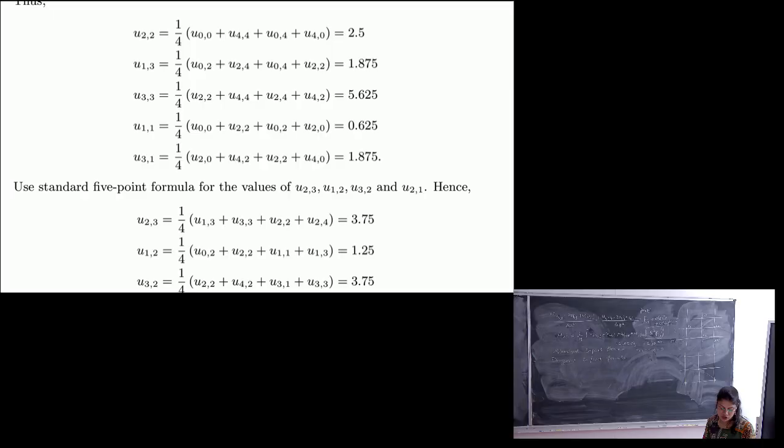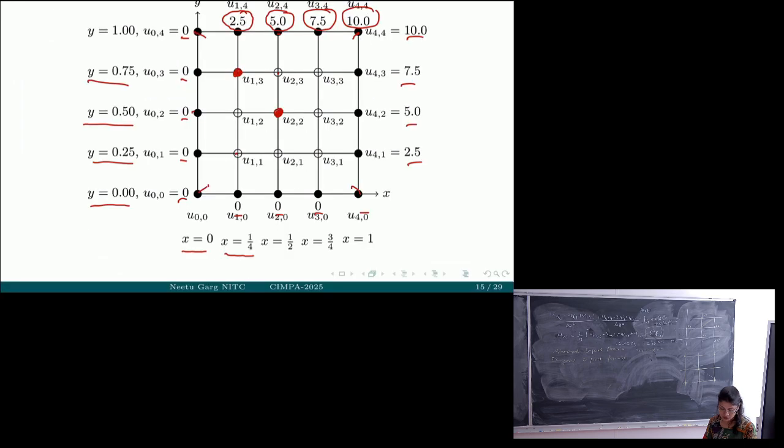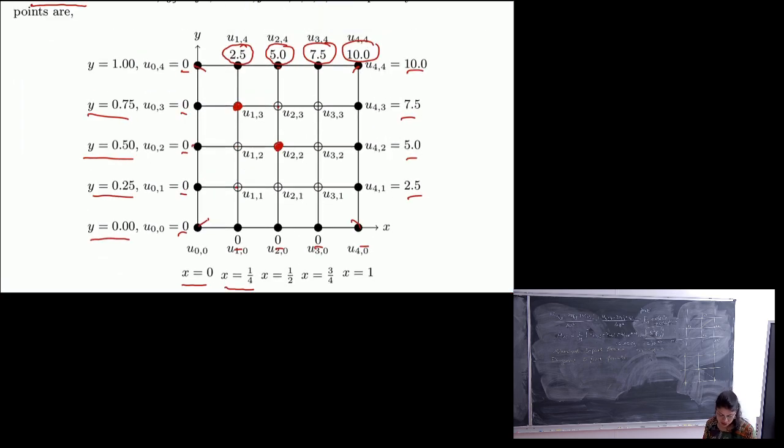Similarly, I am going to apply that on u33, u11 and u31. In this diagram, after applying our diagonal formula 5 times, I will get all these 5 points. Now 4 further unknown points remain, and how are we going to find these 4 different points?